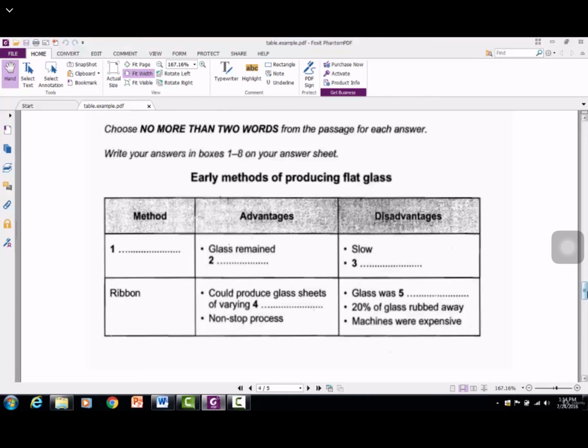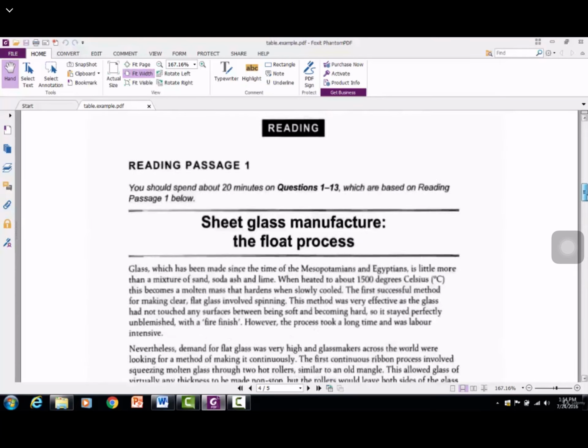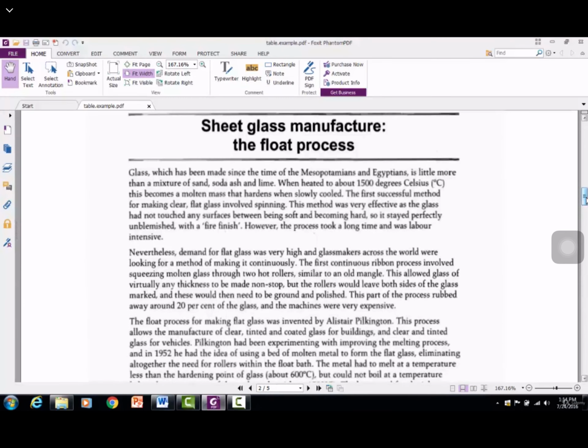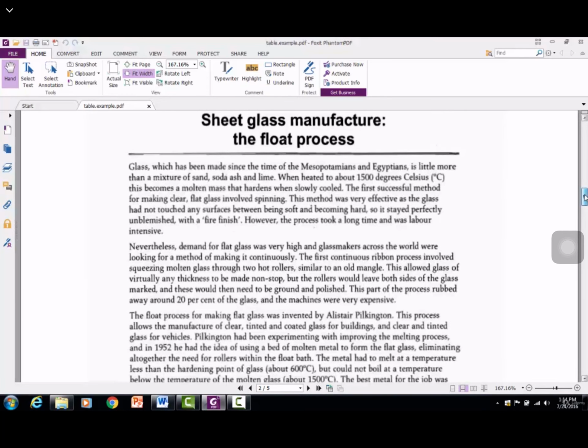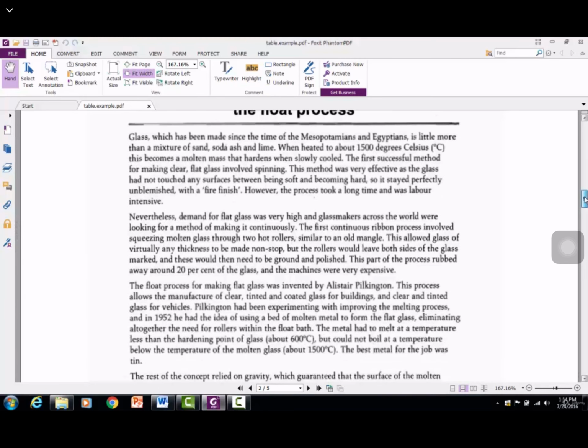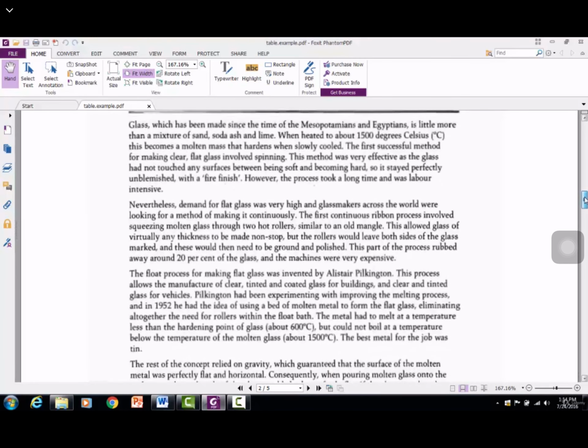All right, so let's take a look. See if we can find the word ribbon. Start at the very beginning. We see they're starting off with Mesopotamia and the Egyptians, so they're starting off really early. Oh, wow.